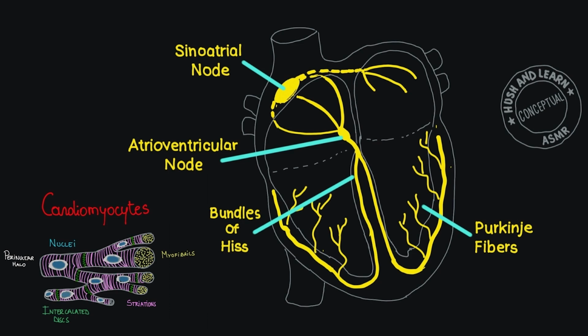Well, within the sinoatrial node, automaticity depends upon the slow, progressive influx of sodium and potassium ions through channels called HCN channels. These channels are permeable to both ions, both sodium and potassium.